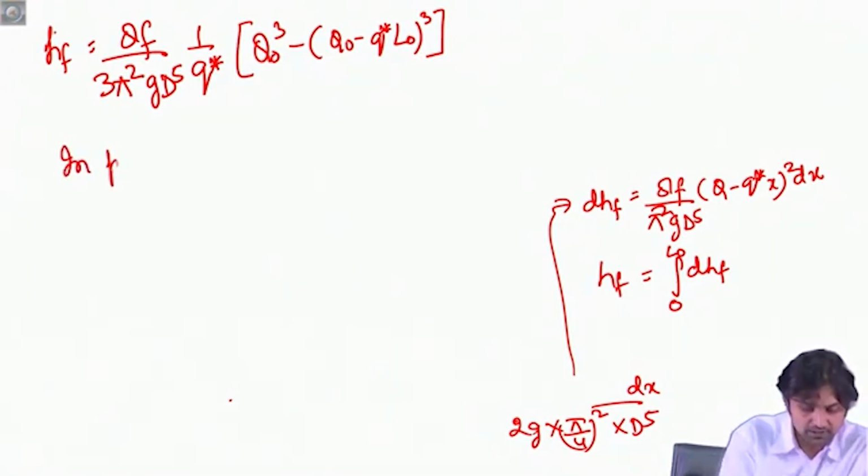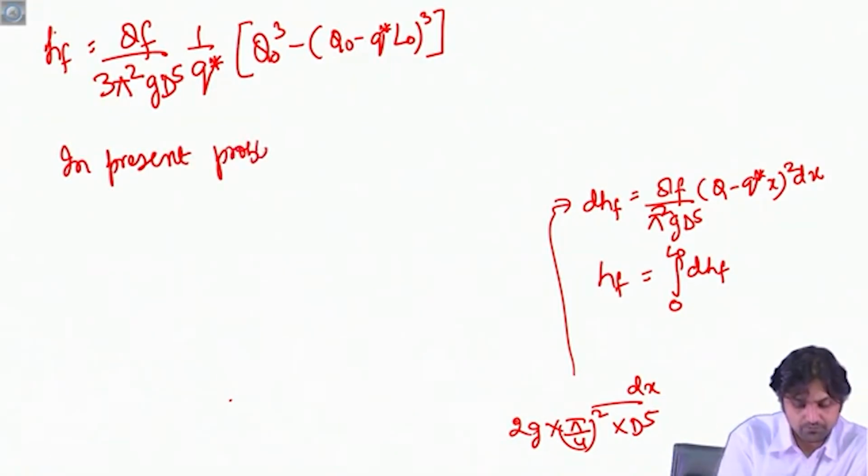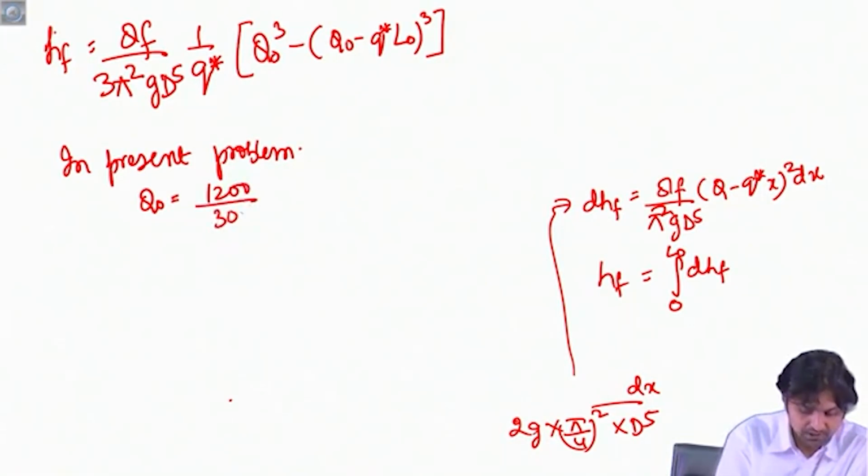So in the present problem, Q naught is 1200 by 300 into 0.088. All right.